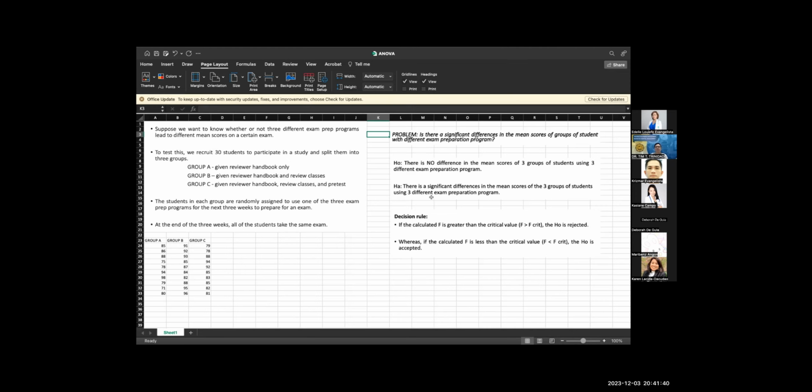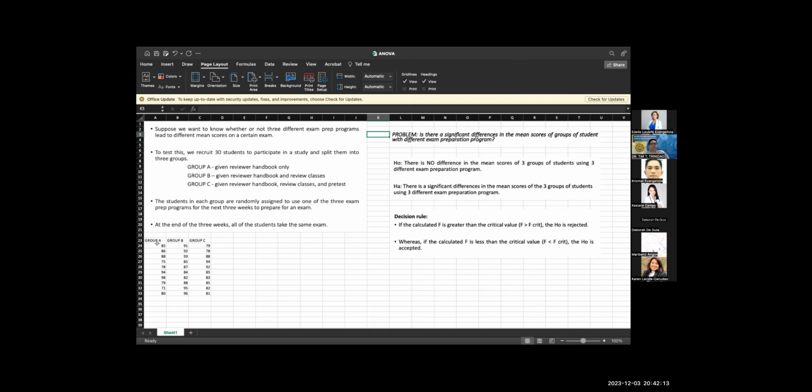So as to our decision rule, if the calculated F value is greater than the critical value, then we will reject our null hypothesis. But if our calculated value is less than the critical value, then we should accept our null hypothesis.